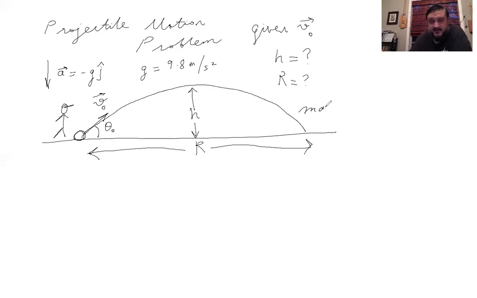Once you find a formula for the range in terms of V naught as in magnitude and direction, so including theta naught and g, can we find the parameters that will give us the maximum R?